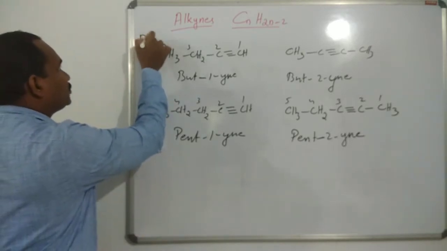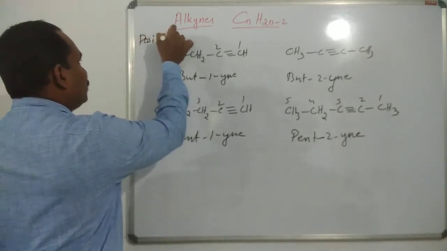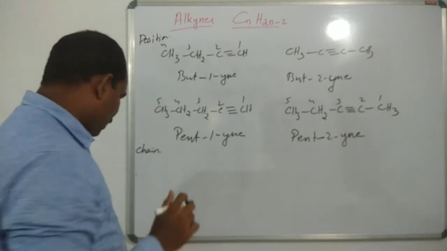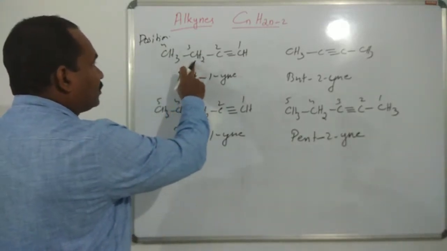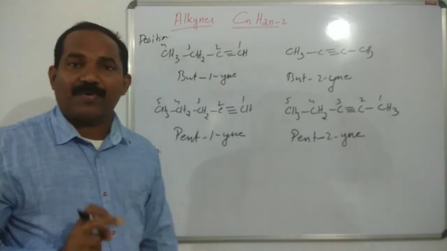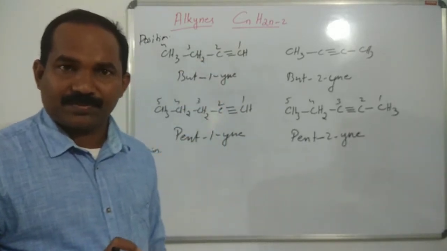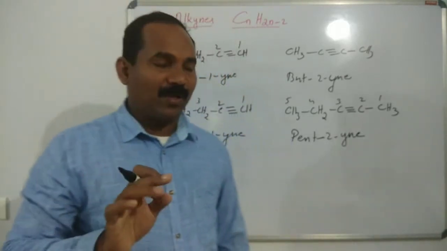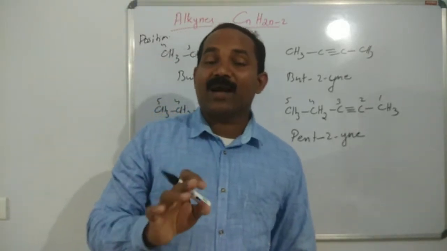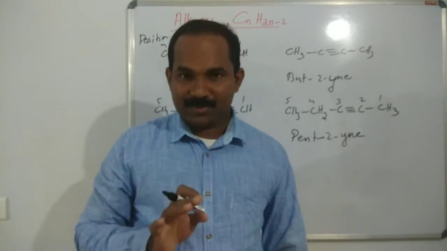This is position isomerism. Butyne doesn't have any position isomerism beyond these. Butyne doesn't have any chain isomerism.